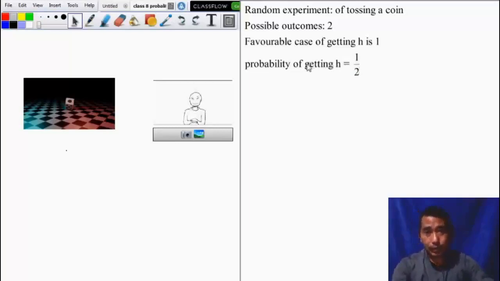That's how we get the probability, and we get the favorable cases and the possible outcomes. So once we have the idea of the possible outcomes and the favorable cases, then getting the probability is only a simple thing, fractions.